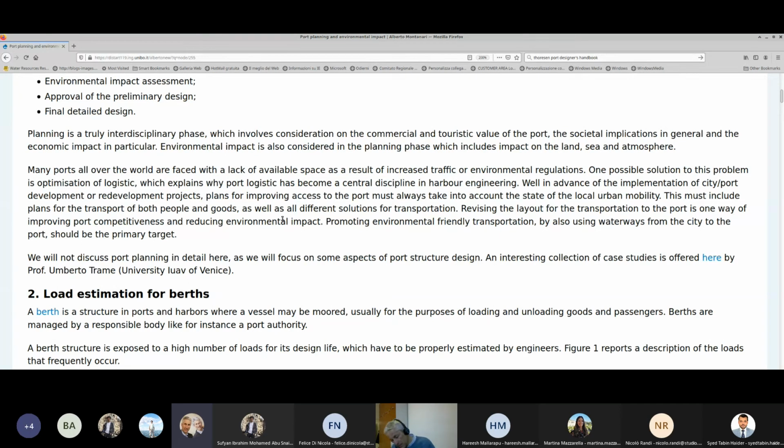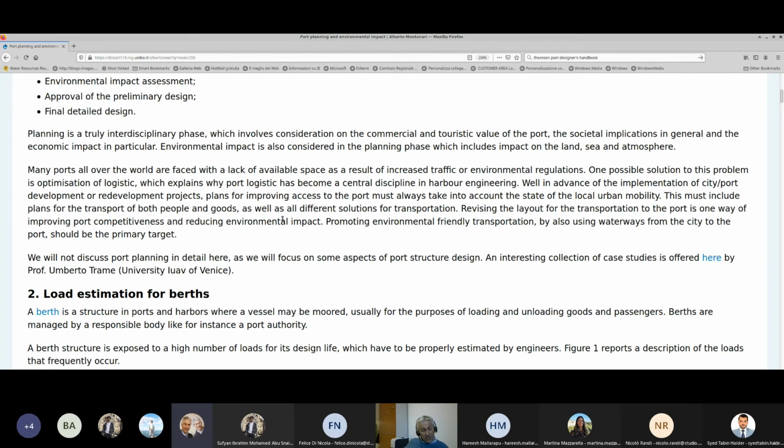The result is that this very tiny area gets overexploited, overused, and then logistics become extremely important. You have to organize the working procedures in the port in a very efficient way. And this is why port logistics is emerging today as a fundamental discipline for the management of ports.